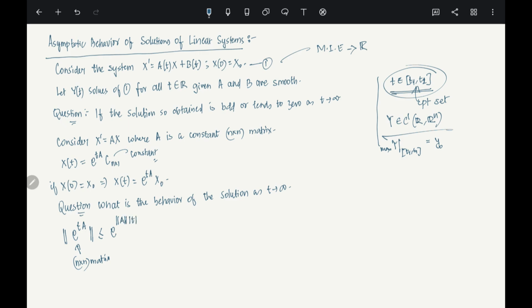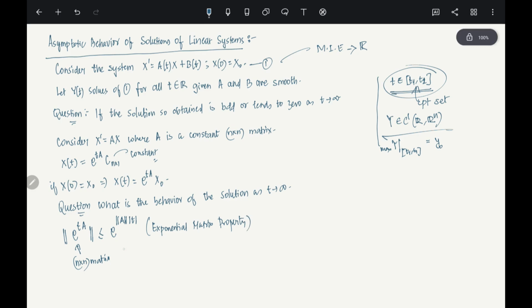When we defined the exponential, this is the thing which we proved, in the exponential video. This is why we showed that the series is absolutely convergent.